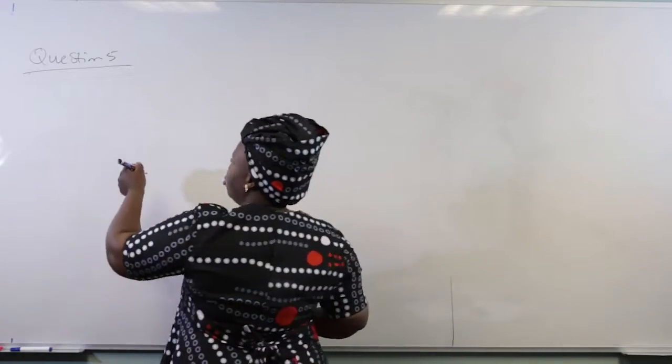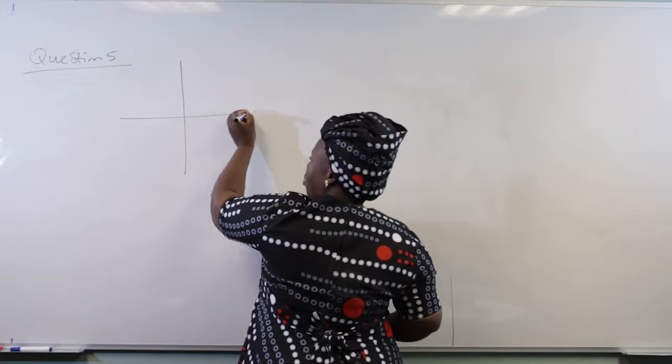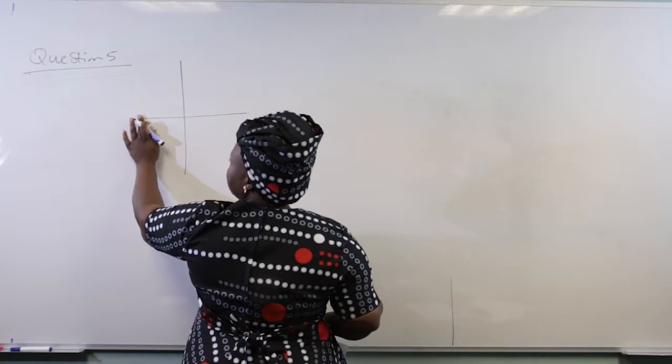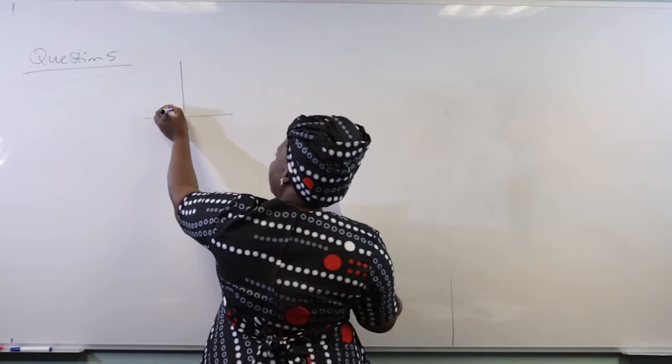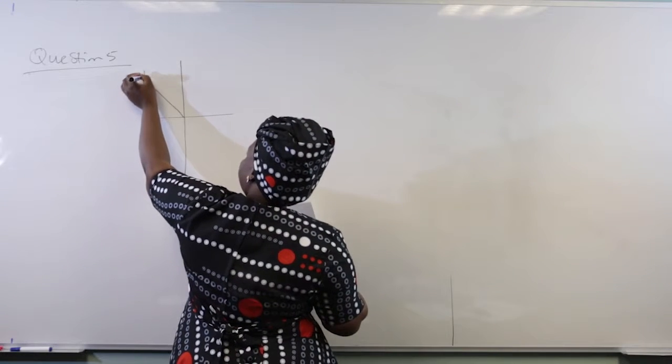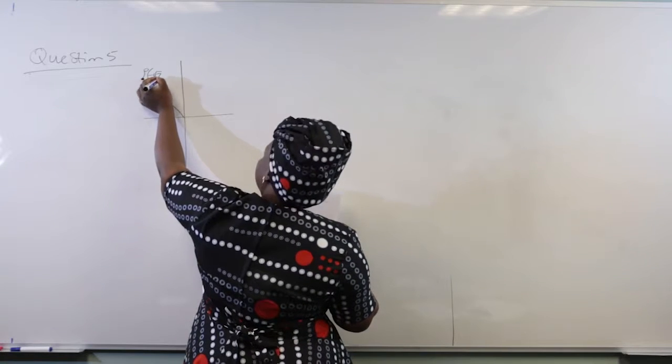So let's try to draw this diagram, and then we can start working on what they want. I'm going to draw it along the side. It is in this manner. That's where your P is, which is (minus the square root of 7, 3).